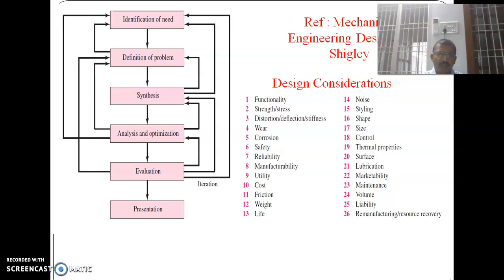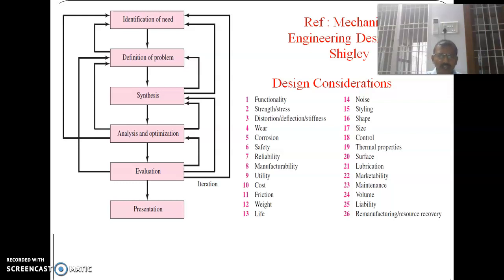Different iterations have to be carried out: the identification of need, the definition of the problem, the synthesis, and the analysis have to be modified. From the evaluation phase, feedback is sent to the problem, and it is done again and again until a good product design has evolved.